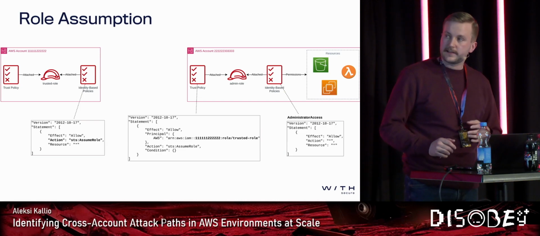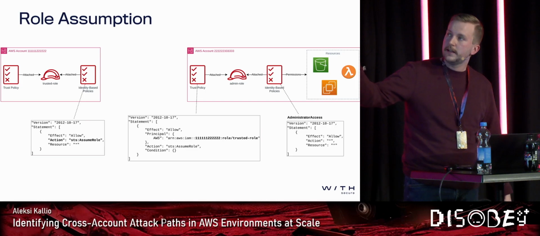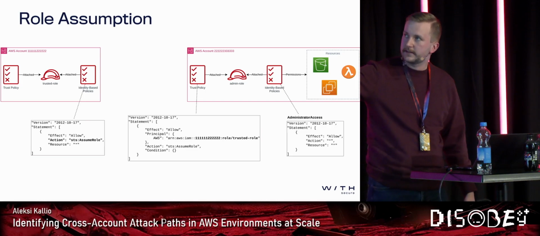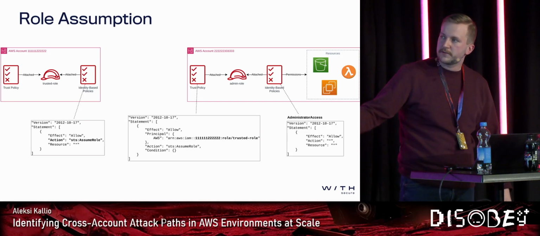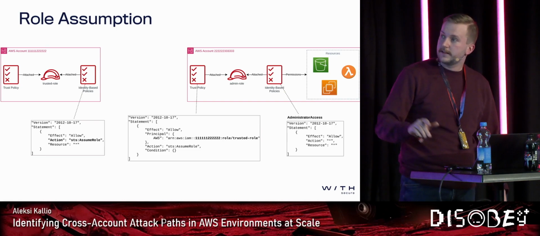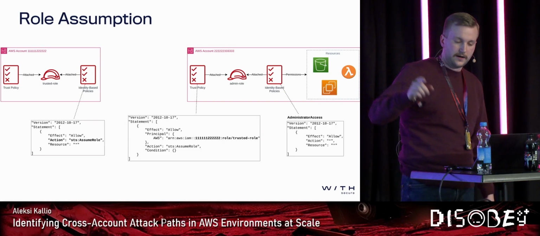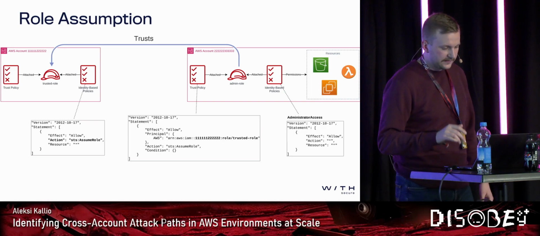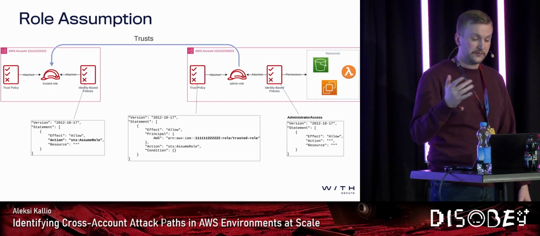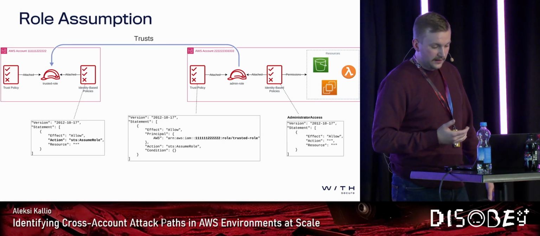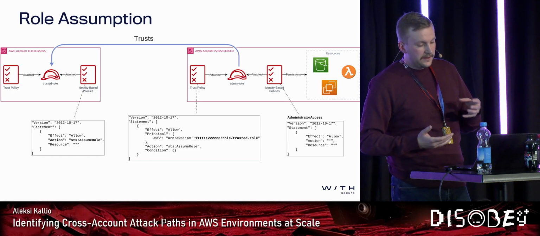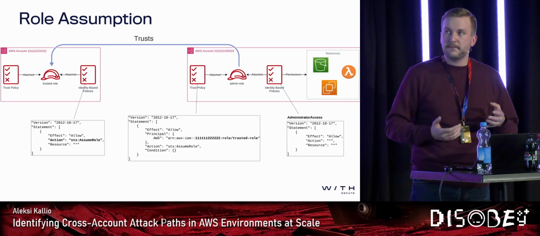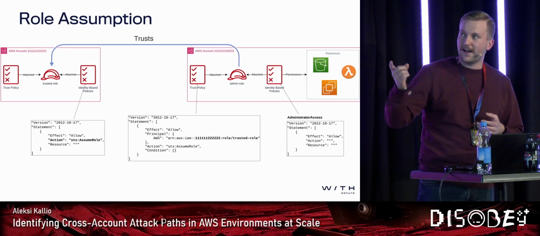So, for example, here in the center, the admin role in this account is attached with a trust policy that defines a trusted role in another account as trusted. So this means that this admin role trusts this trusted role to assume it. If there is this sort of trust relationship, then potentially the trusted role can assume the admin role.